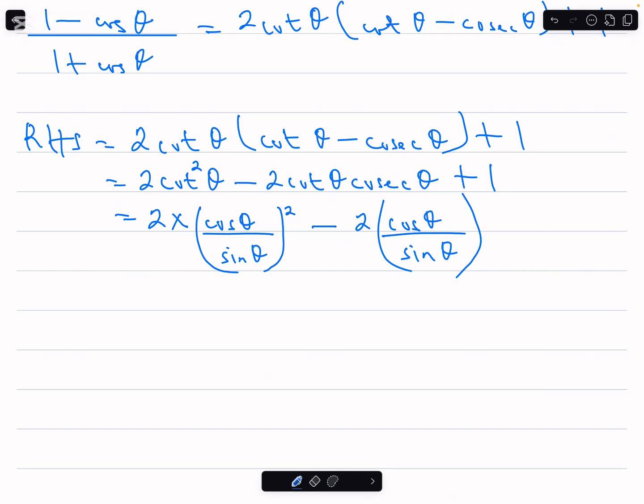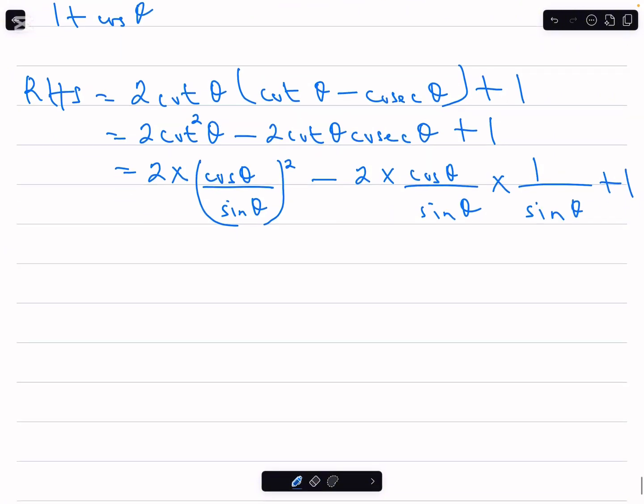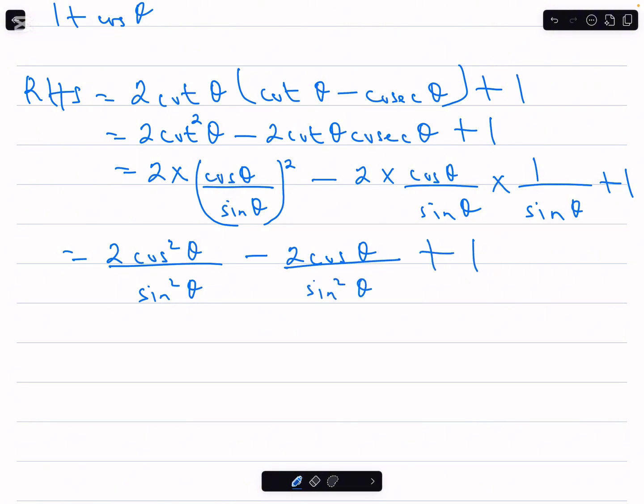Cosec theta is 1 over sine theta. So write as 2 times cos theta over sine theta times cosec theta, which is 1 over sine theta, plus 1, and that's equal to 2 cos square theta over sine square theta minus 2 cos theta over sine square theta plus 1.